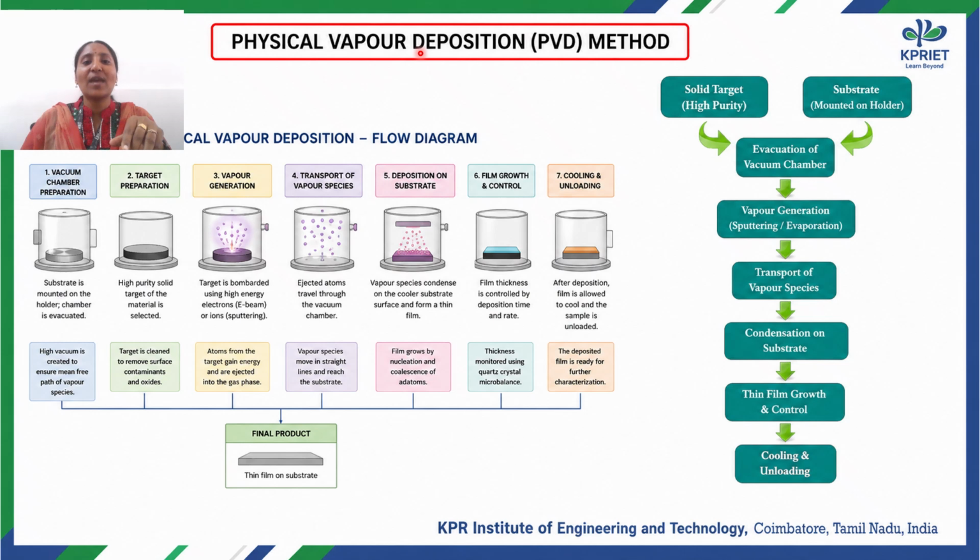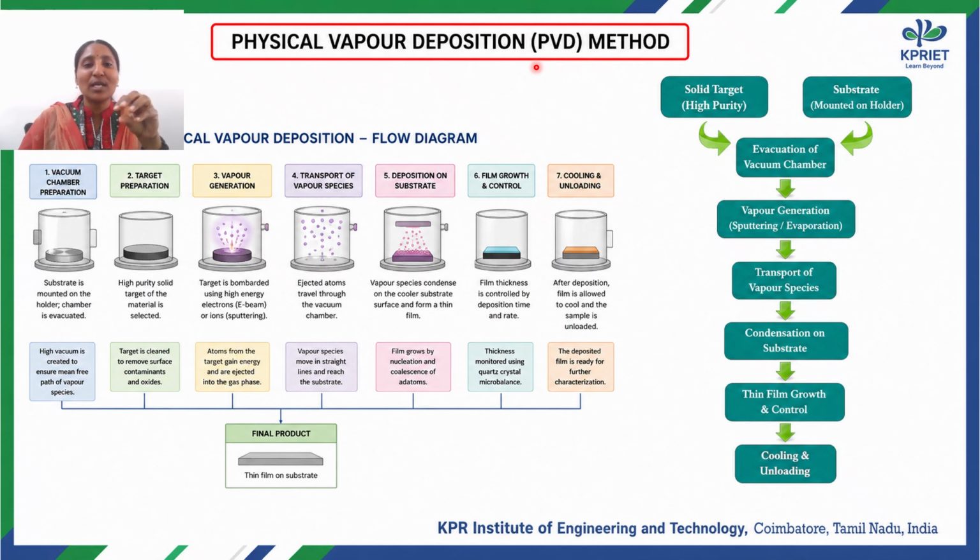Next, these vapor atoms travel through the vacuum chamber towards the substrate. Since the chamber pressure is very low, the atoms move with fewer collisions and reach the substrate effectively. The next step is deposition on the substrate. When vapor species reach the cooler substrate, they condense on its surface.